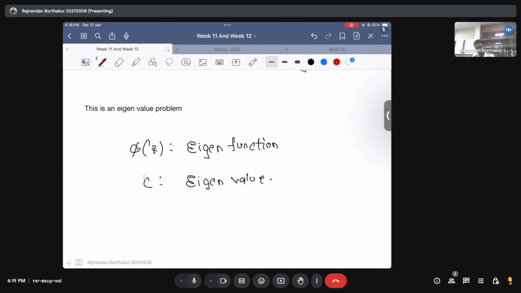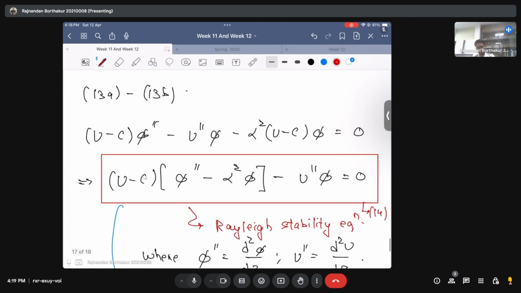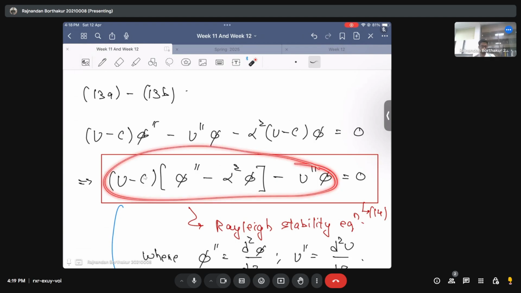This eigenfunction-eigenvalue pair is something that you need to evaluate by solving this Rayleigh stability equation. But it is not so simple to solve, typically because C is also an unknown here. In fact, it is very hard to solve the Rayleigh stability equation, and you can appreciate that the Orr-Sommerfeld equation is much easier to solve.